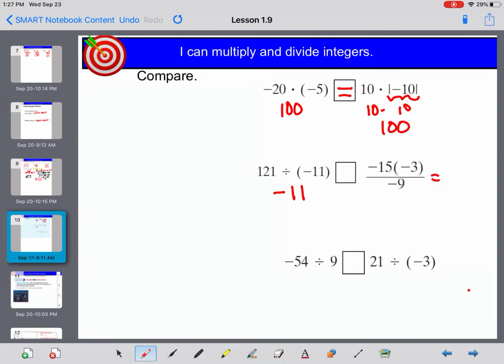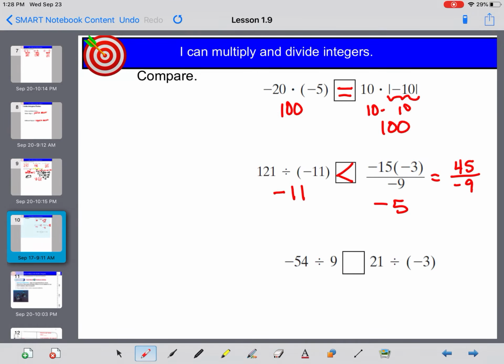And I get negative 15 times negative 3 is a positive 45. Positive 45 divided by negative 9 is negative 5. So I'm comparing negative 11 and negative 5. Negative 5 is greater than negative 11 because it is further to the right on the number line.